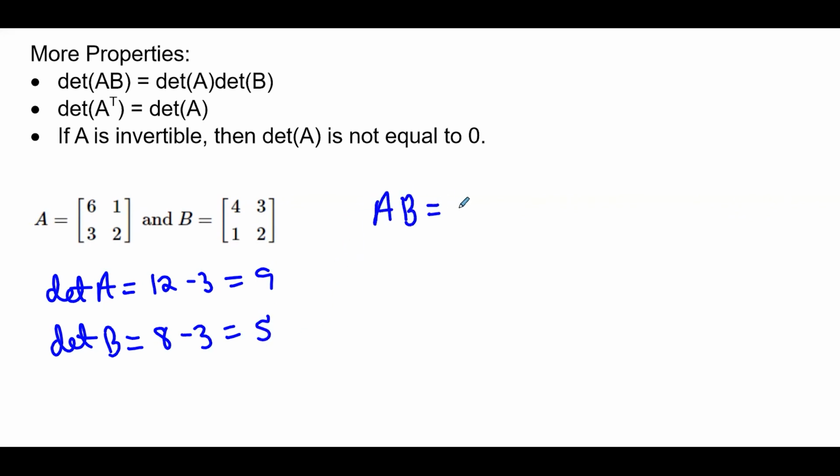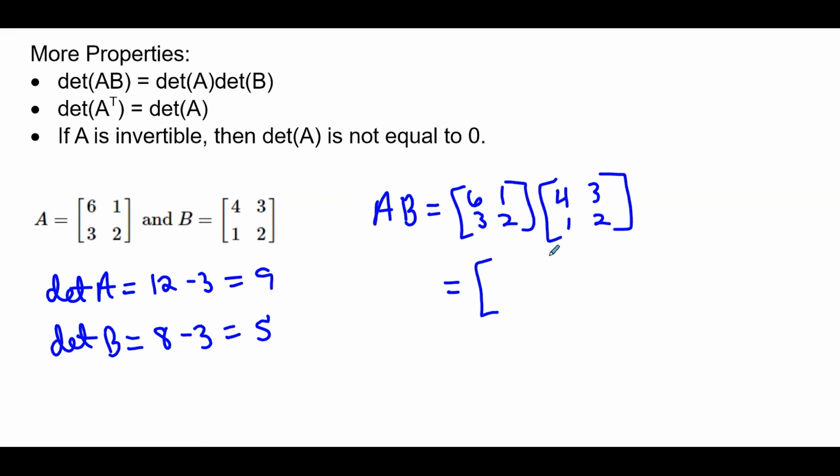Let's compute A times B and then find the determinant. So let's see here. We've got 24 plus 1, so it'd be 25. 18 plus 2 is 20. 12 plus 2 is 14. 9 plus 4 is 13. So that's A times B.